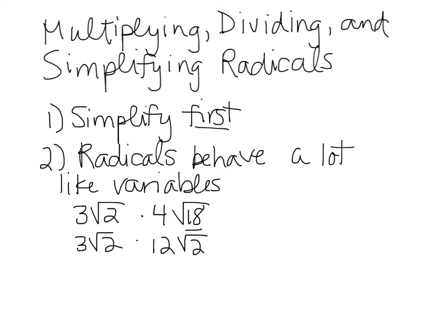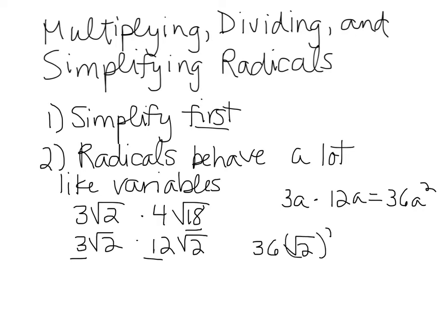Secondly, radicals behave a lot like variables. If I said 3a times 12a, we'd know that equals 36a squared. Just like that, it's 36 times root 2 squared.